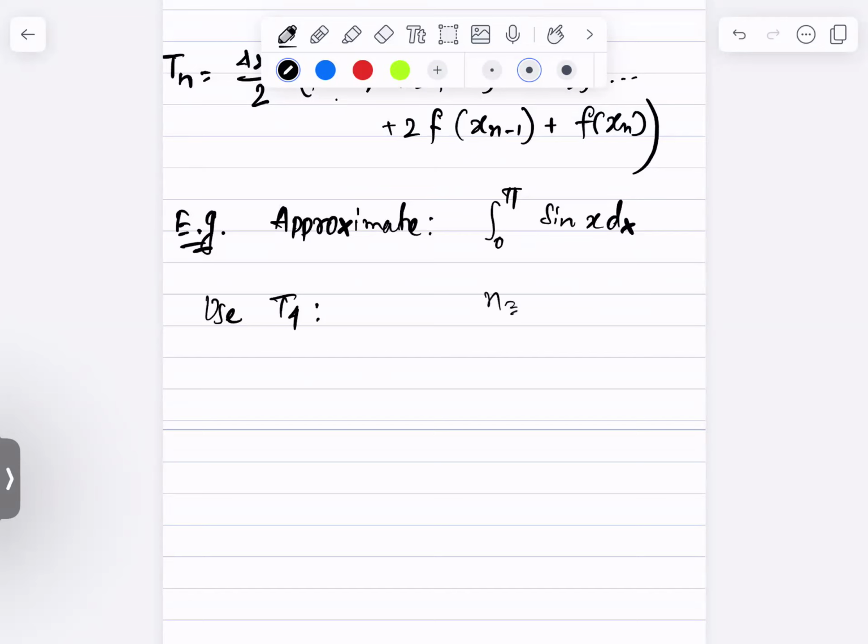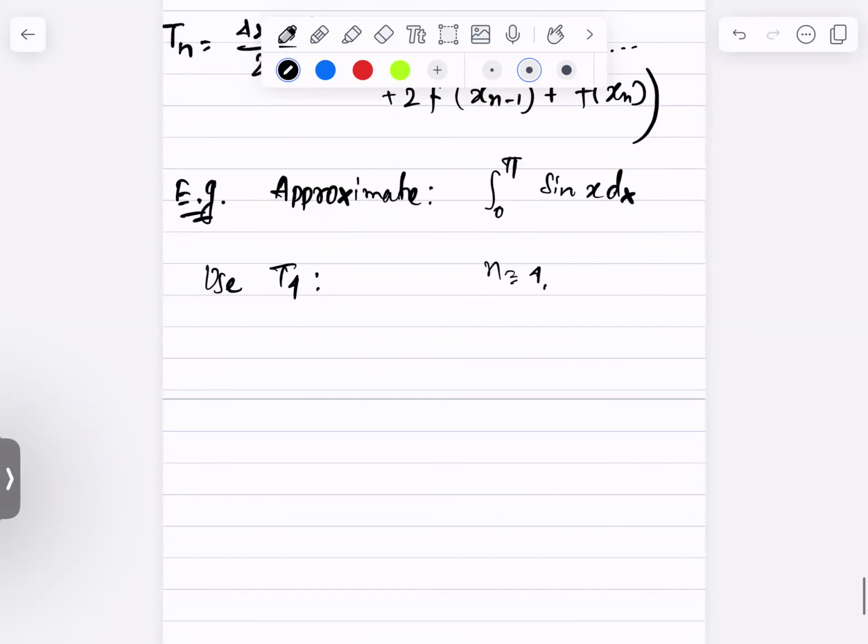So my n is 4. My delta x should be pi minus 0 over 4, which is pi over 4.